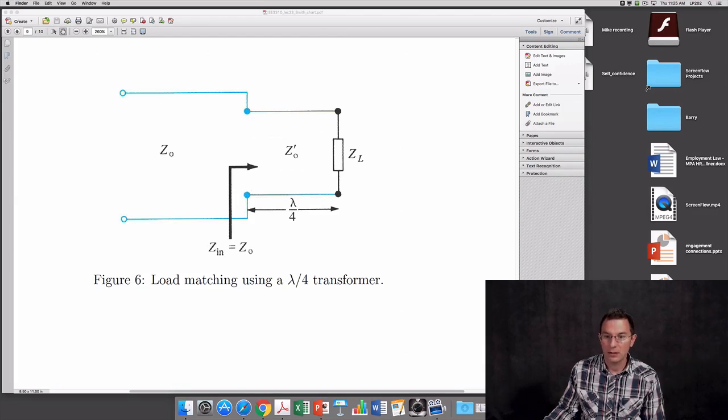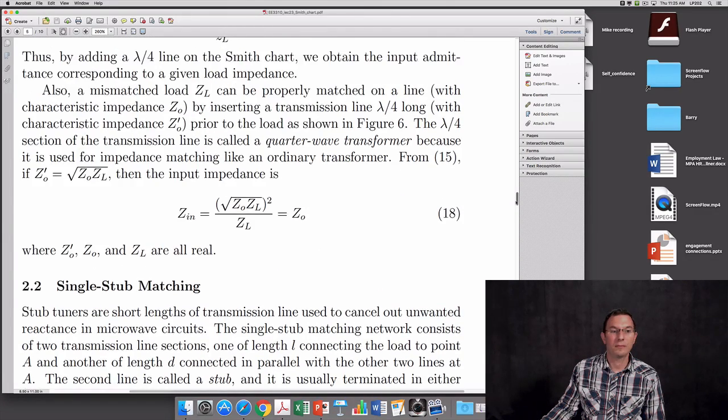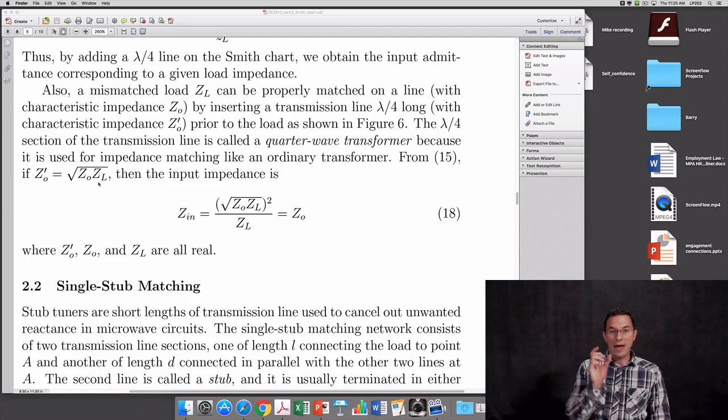In fact, Z naught prime is given by the square root of the characteristic impedance of the original line times the characteristic impedance of the load. That lambda over 4 length of transmission line is called a quarter wave transformer.